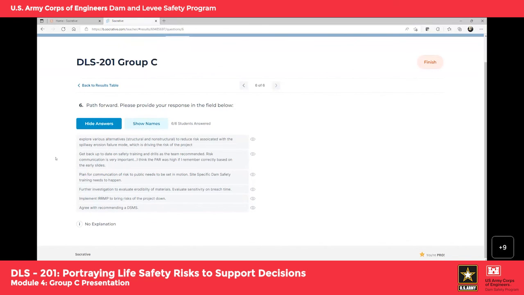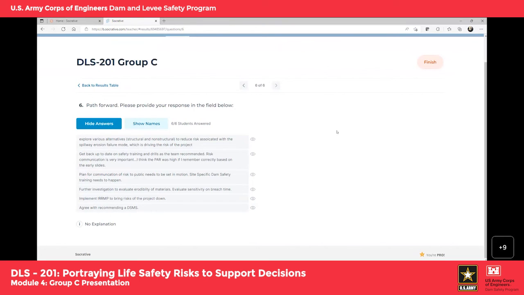Do you guys agree with Pursuant and DSMS in general? Yeah, I think so. I think they're focused on high enough. I'm interested in the second to last one.